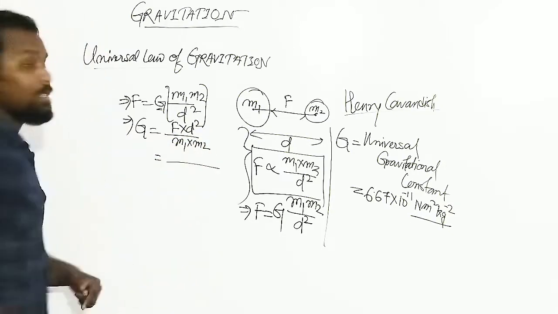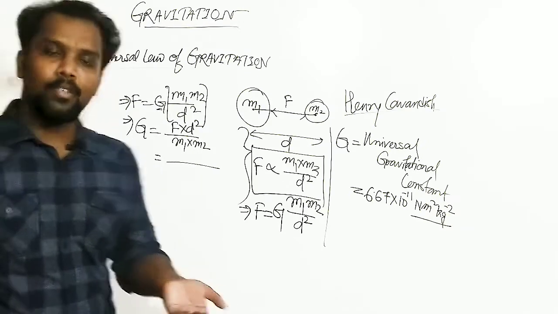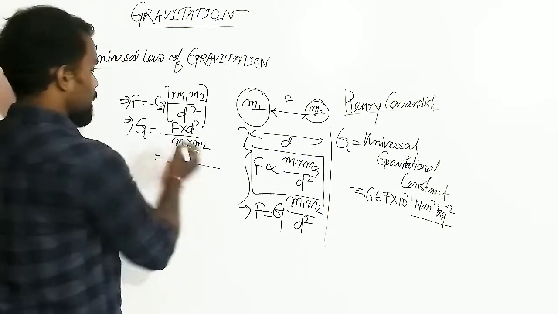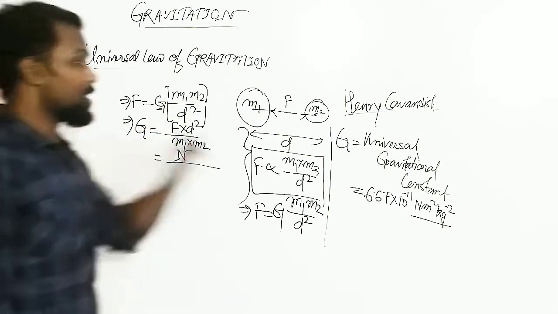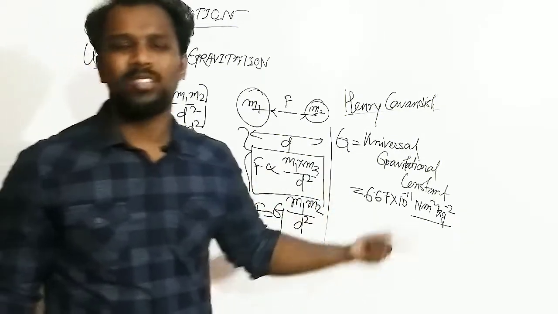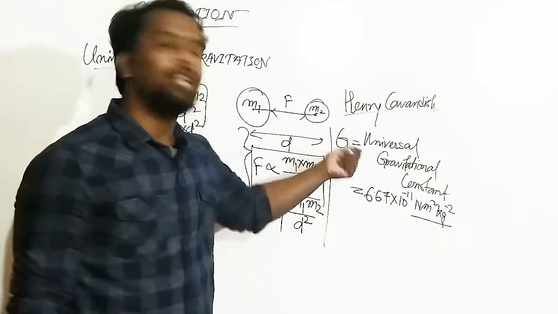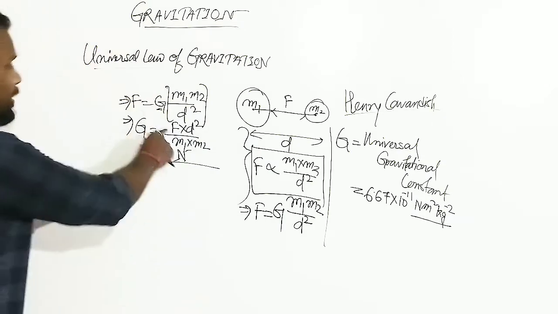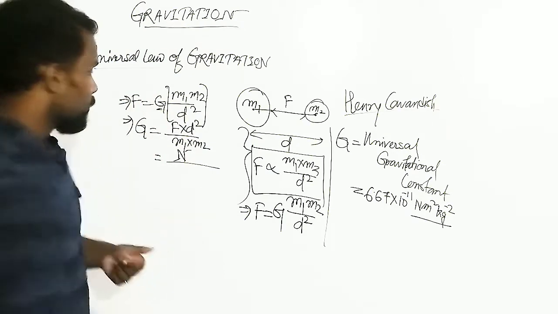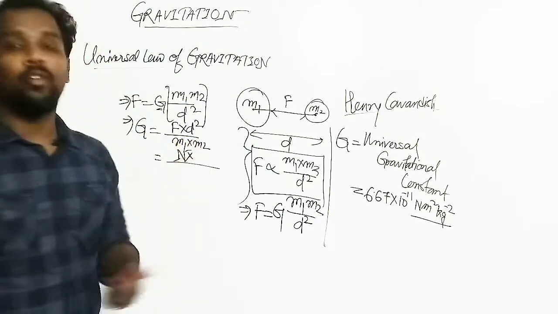Right? Now, what is the unit of force? We discussed it in the last lesson. That is nothing but Newton. This is the SI unit. Whenever you discuss the unit of some physical quantity, you always have to discuss that unit in SI. Here the SI unit of force is Newton, right? And what is the SI unit of distance? Meter.